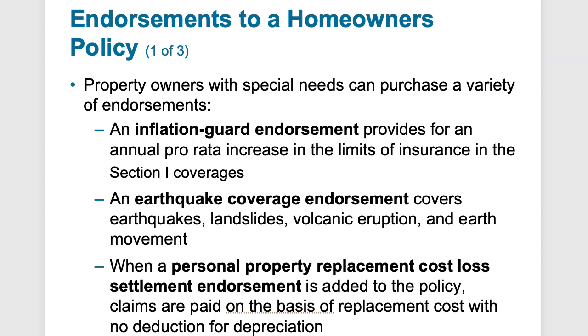Under this endorsement, claims are paid on the basis of replacement cost with no deduction for depreciation. Depreciation is where the value of an asset declines over time just due to normal deterioration of its quality. If you bought something for $500 and today it's only worth $100, but a replacement cost would be $600, you want to be compensated not for the current value of it, but for what the replacement cost would be. And this is sort of what this endorsement will do.